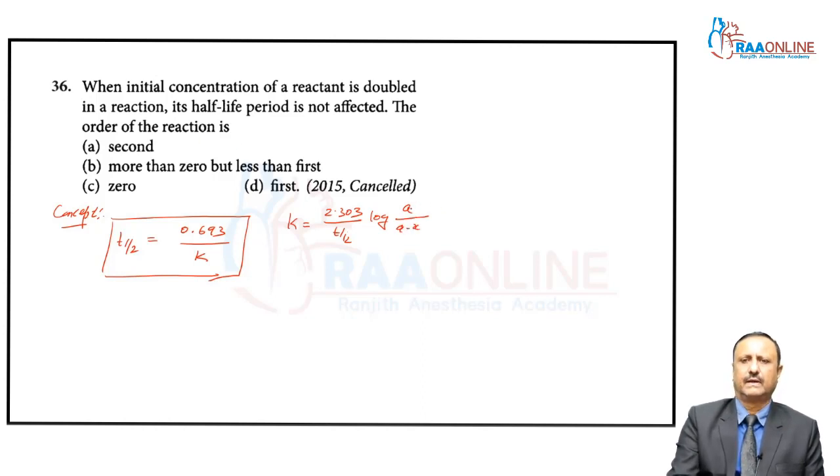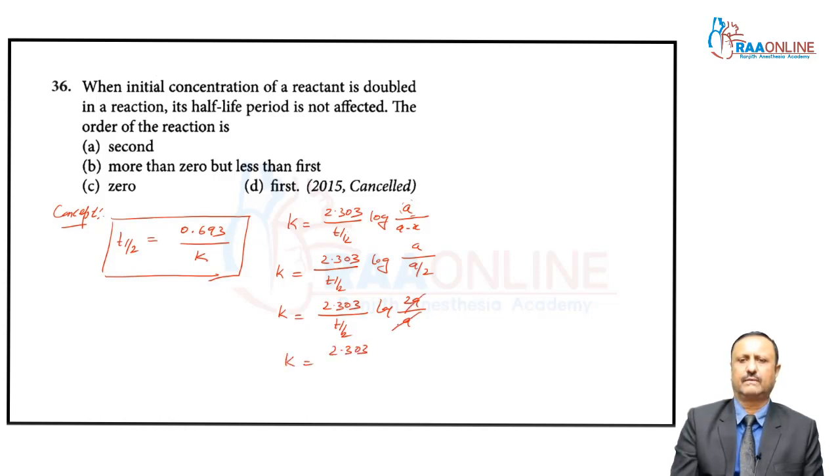Half-life period means the concentration is just half. So, my dear students, k equals 2.303 upon T half log A upon A by 2. So you can see here, this is T half log 2A upon A. So you can cancel it and you get 2.303 and log 2, which equals 0.3010.